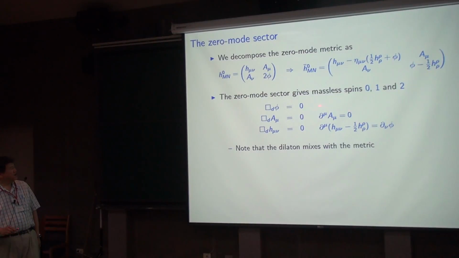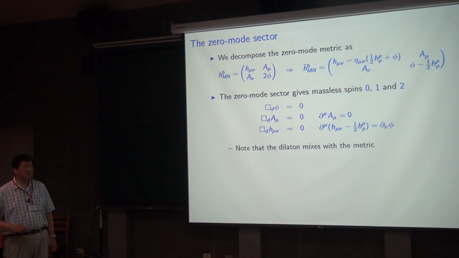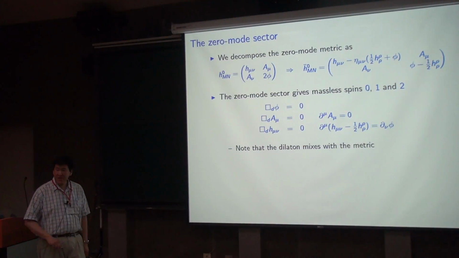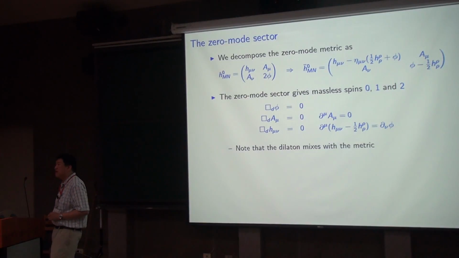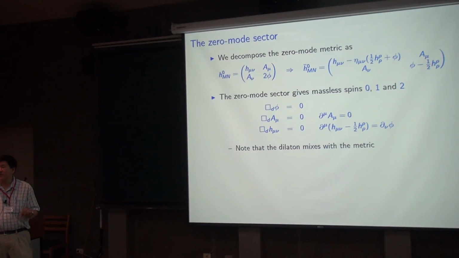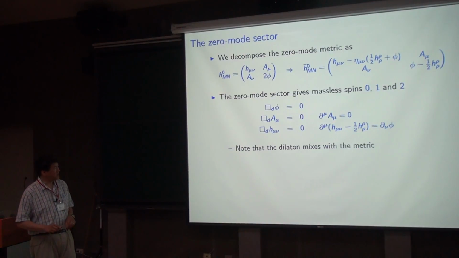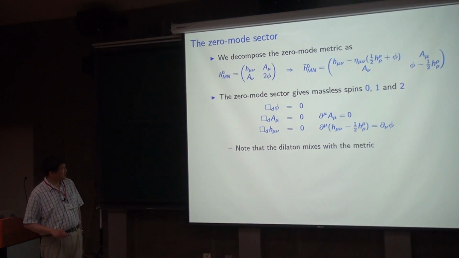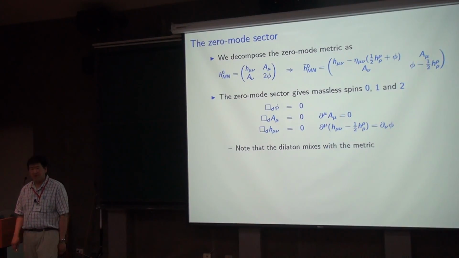You might wonder, why did this Lorentz gauge condition come out over here? Who decided that the Maxwell field had to be in Lorentz gauge? The answer, of course, is that I already started with harmonic gauge in 5 dimensions. I made a choice of gauge for my 5-dimensional Einstein theory, and that shows up in this Lorentz gauge condition over here.